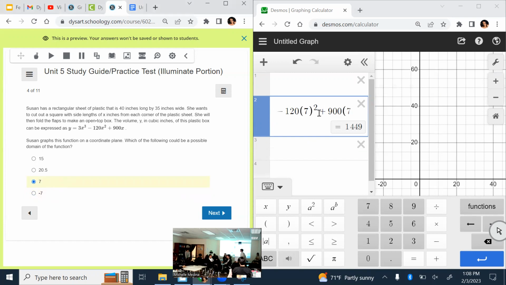Okay, let's see if making it negative changes anything. Does this answer make sense? No, because it's negative. I shouldn't have a negative volume. So that is why it's 7. I know you guys are telling me it's 7, but I bet you just guessed correctly. I don't know that you actually knew what to do. So that's what you do. You plug it in, see if it makes sense.